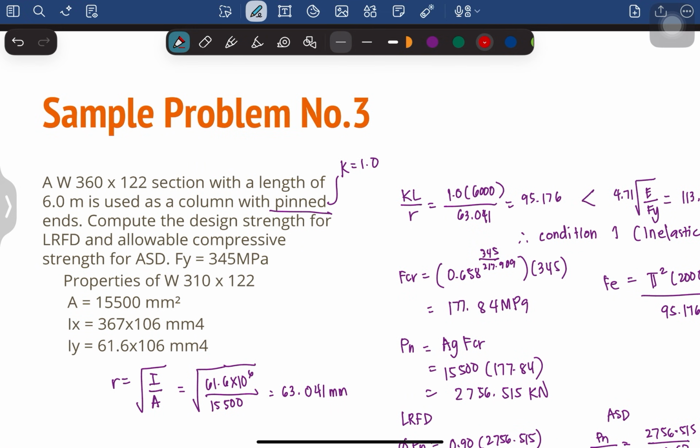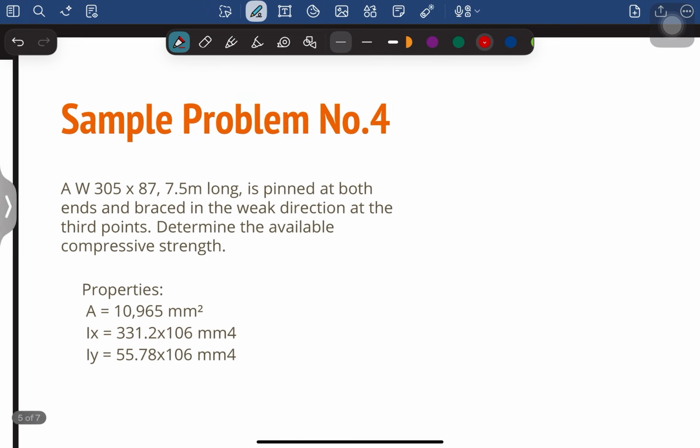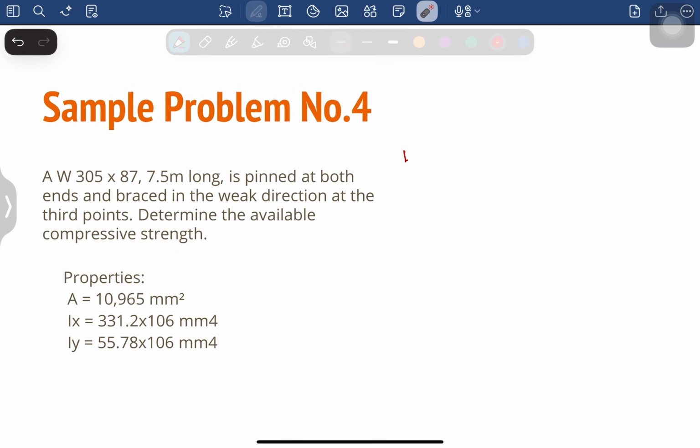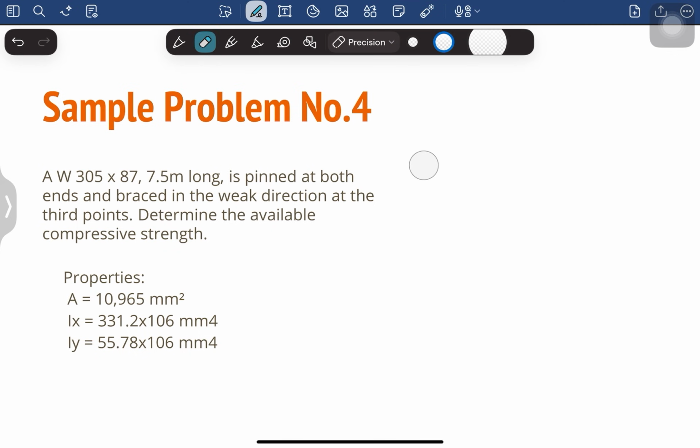Then next is sample problem number 4. A W305 by 87, 7.5 meters long. Ito yung length natin. Then it is pin.